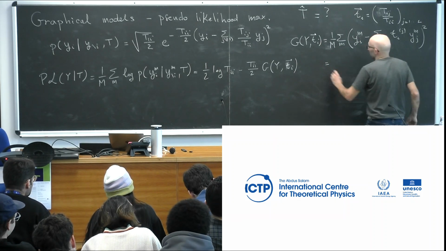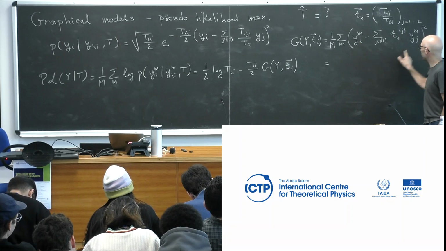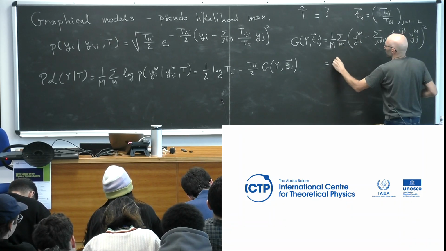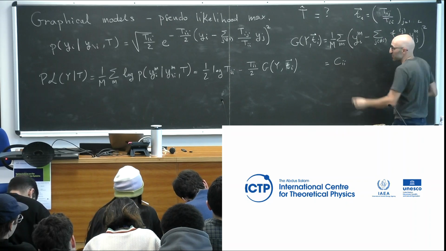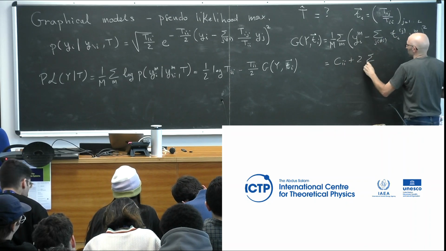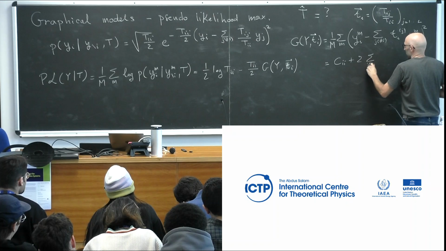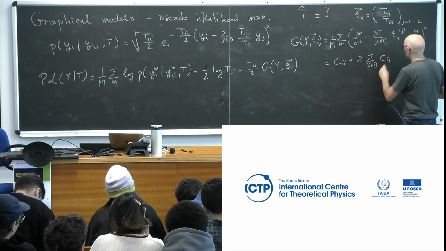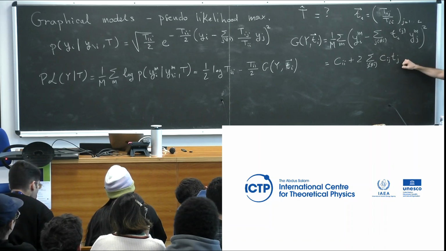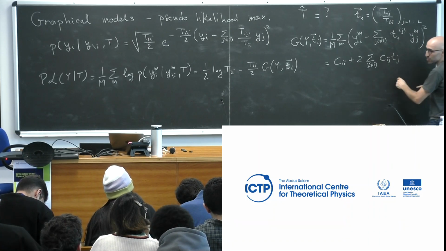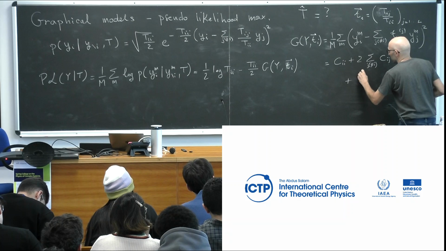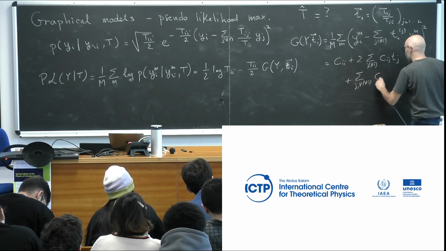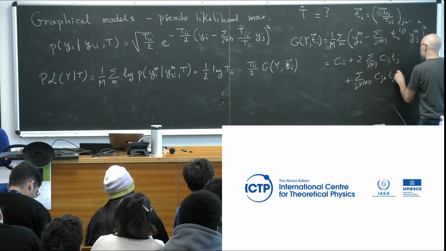This object here is easy to compute. If you develop the square, you get y_i squared average, which is Cii, and then you get plus 2 sum over j of Cij Tj, and then you get the square of this, which is plus sum over j,k different from i of Cjk Tj Tk.